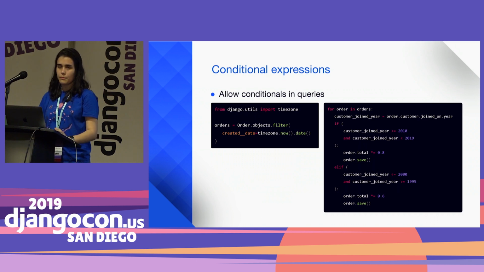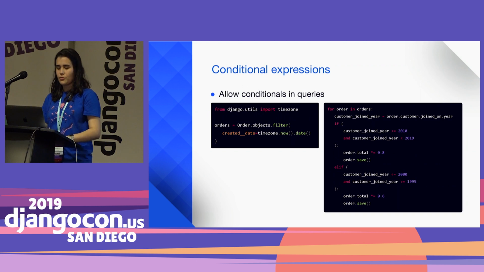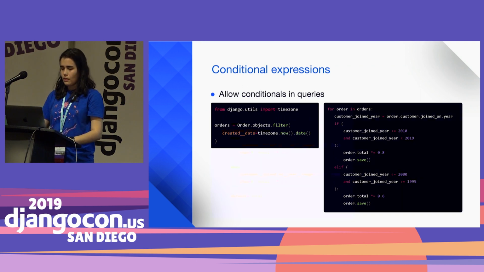In this case, we're going to give them a 20% discount. In case they joined between 1995 and 2000, we're going to give them a 40% discount, and so on. By the way, it's 0.8 and 0.6 because the discount is subtracted from the full price. And we can understand this code, but it's not really too easy to read.